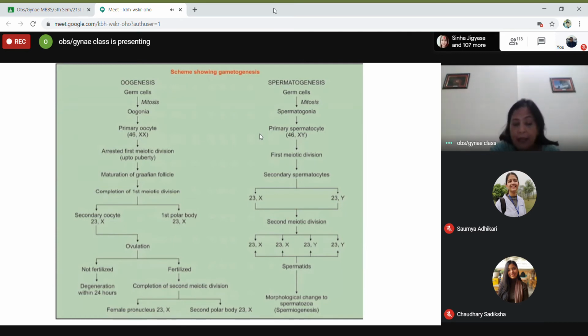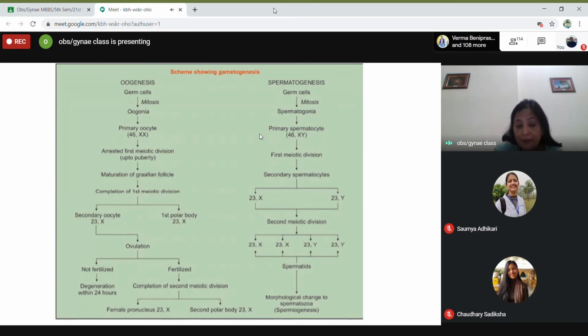At birth, about 2 lakh primary oocytes will be there, and all the oogonia have become primary oocytes.